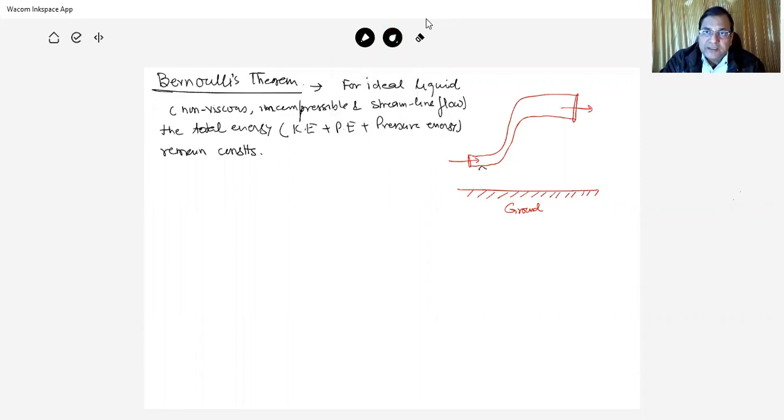So here, this is the height. This is velocity V1, area of cross section A1, height H1. Here the velocity is V2, area of cross section A2, height H2. This point is point A and this point is point B.